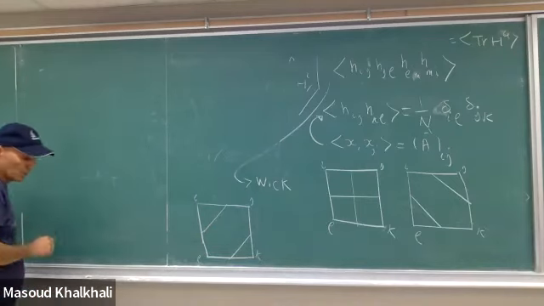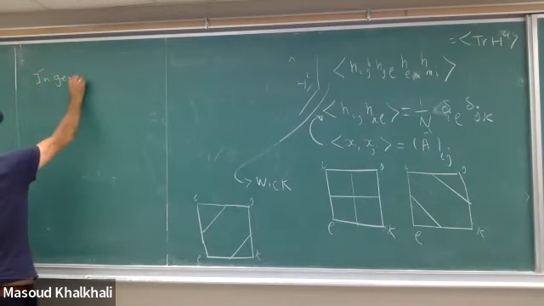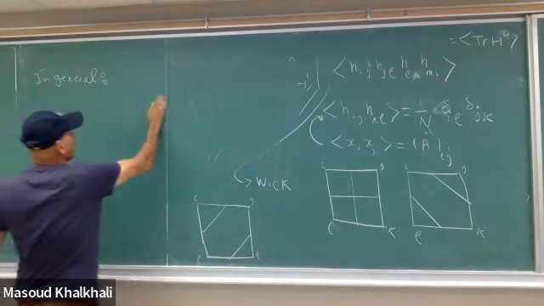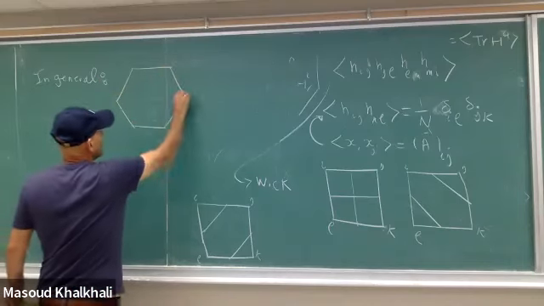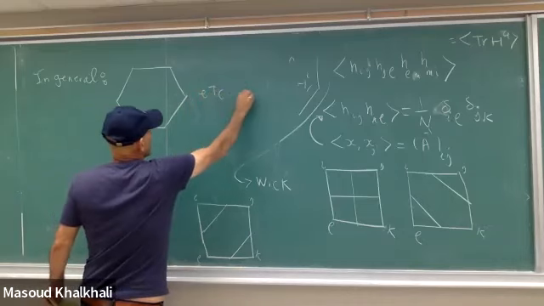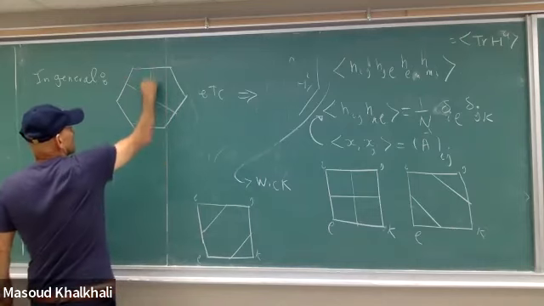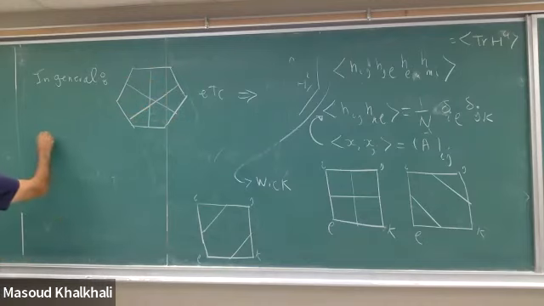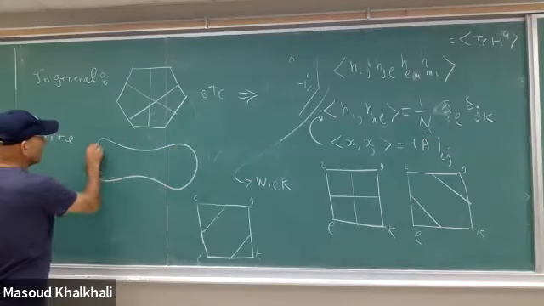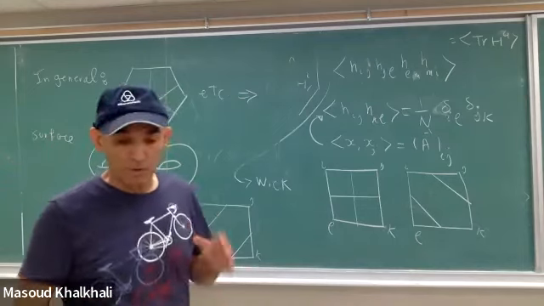Basically, in general, if you have a 2n-gon, for example, one of these even or more, any sort of gluing gives you a closed surface.